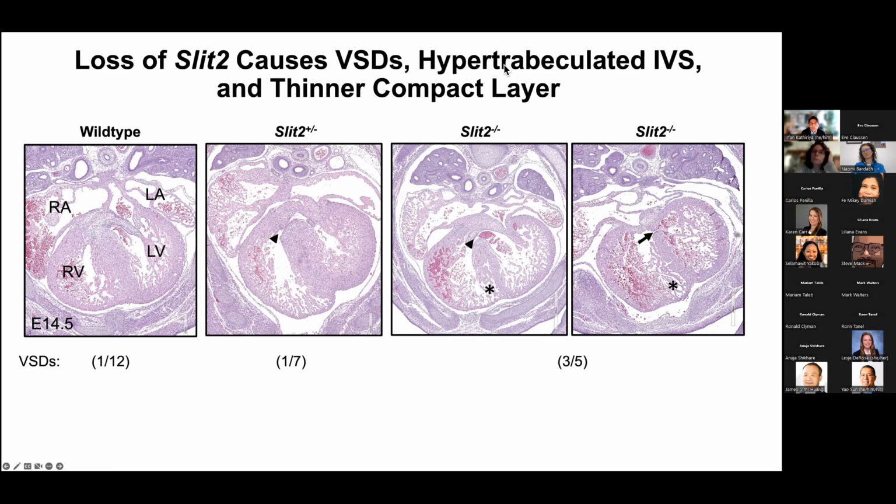I've always explained that off as just normal development that was slow to complete, as opposed to what you showed in one of your diagrams as a muscular VSD related to one of these mutant genes.